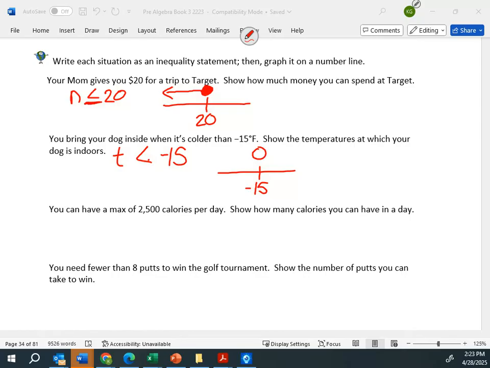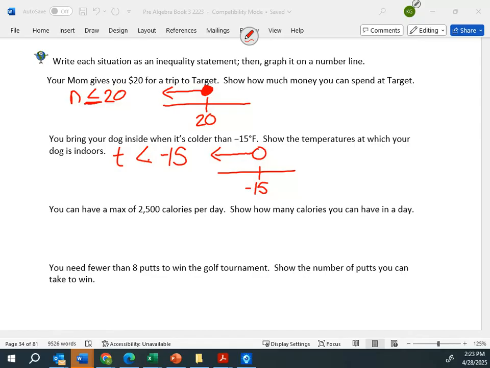And it's any temperatures that are below -15, less than -15, colder than -15. So my arrow goes to the left, because I'm not going to keep my dog inside if it's 20 degrees out. He can go outside at that temperature, but if it's -20, too cold, keep them inside.